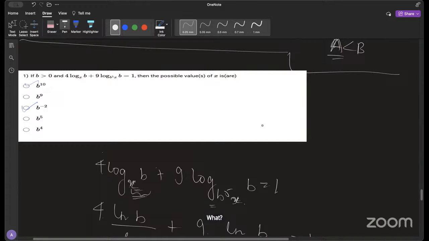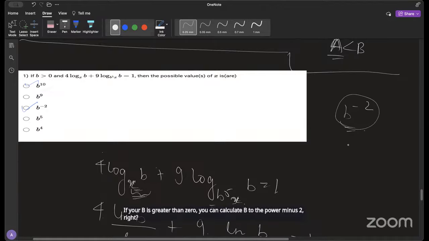In the question it is said if b is greater than 0, then the possible values of x. Both are correct. b to the power minus 2 is also a possible answer. If your b is greater than 0, you can calculate b to the power minus 2, which is 1 upon b square. Even if it was not greater than 0, you could still calculate 1 by b square.